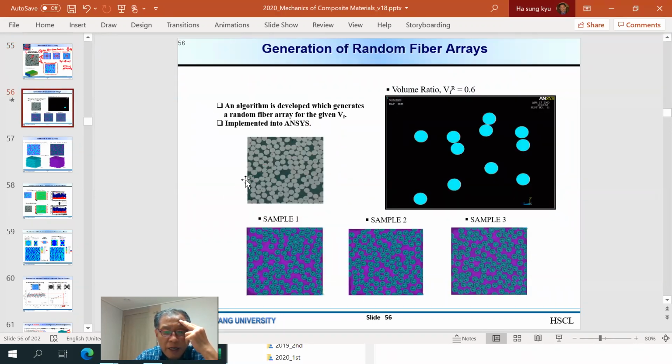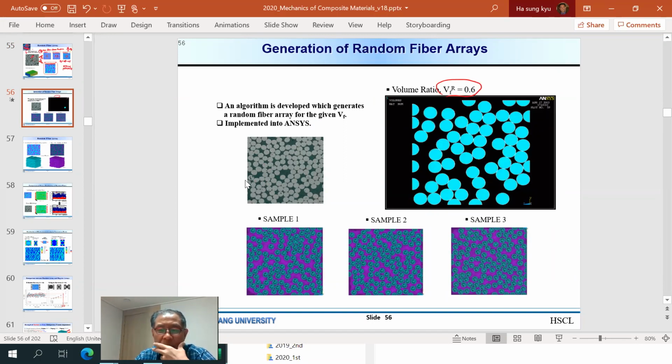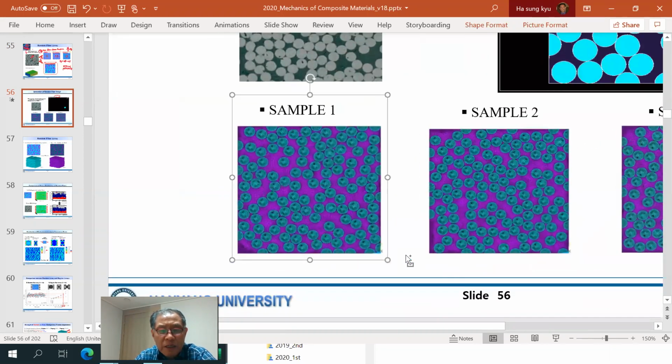Now, how do we generate the random fibers? We have an established algorithm so that, given a fiber volume fraction, we can generate the fiber arrangement randomly, but reach the fiber volume fraction as specified. Since this is randomly generated, every time we generate, the pattern will not be the same.